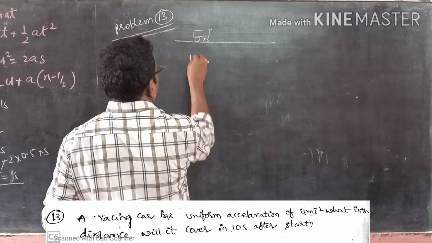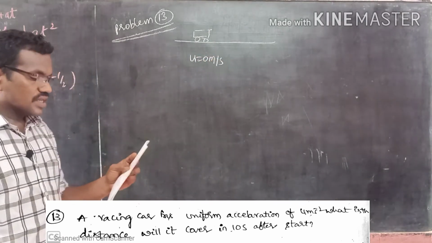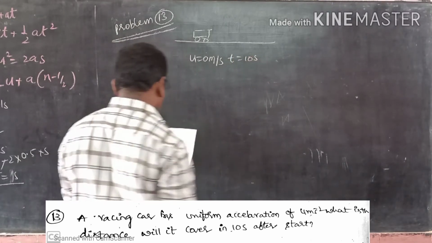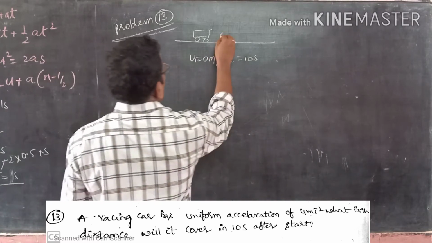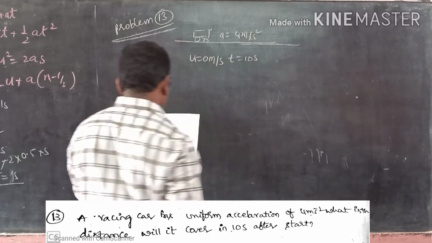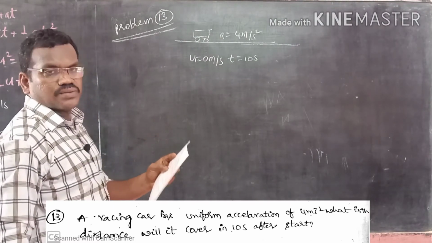It is started, means initial velocity is 0 meter per second. After 10 seconds, so t is equal to 10 seconds. Its acceleration a is equal to 4 meter per second square.